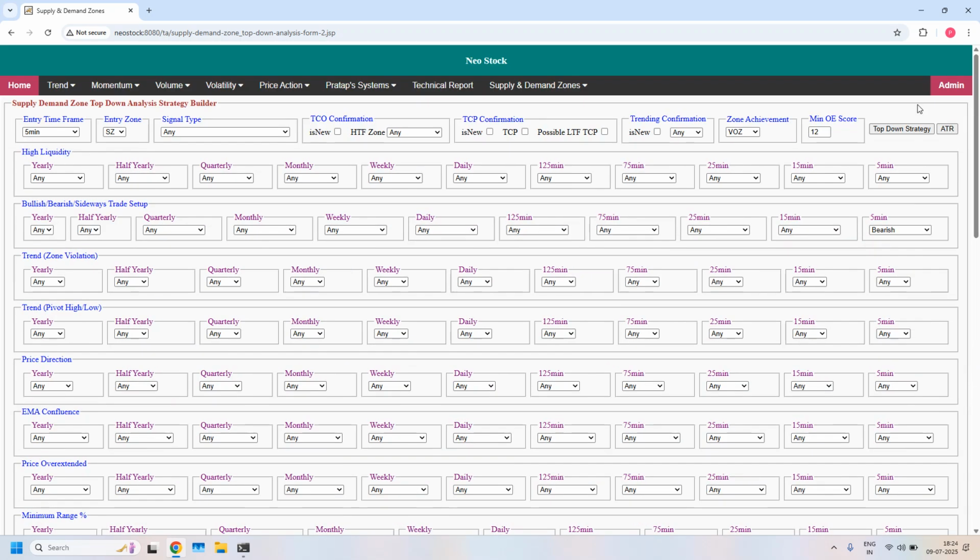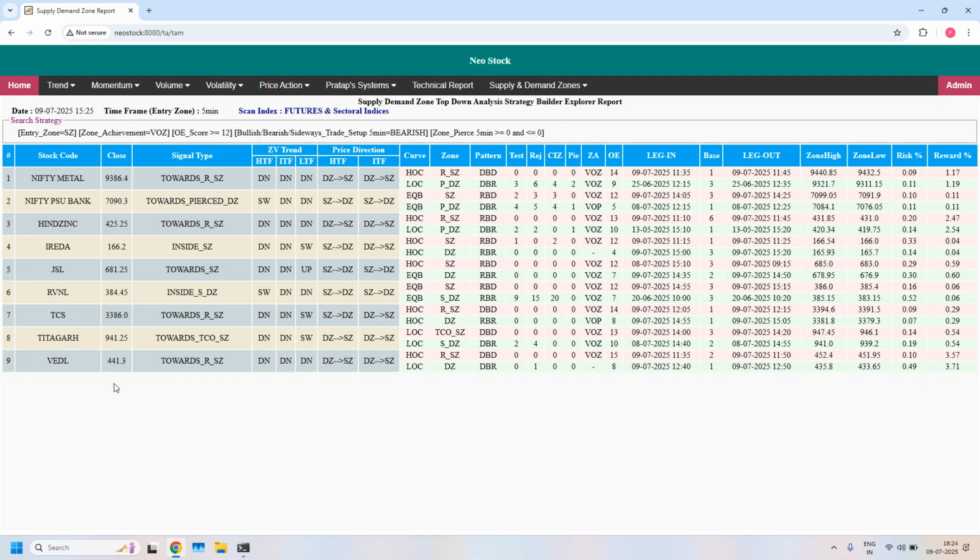With these filters, we got 9 stocks supporting bearish trade setup for hourly income trade. And entry time frame zones are 5 minutes supply zones. Okay, out of these 9 5 minute supply zones, how many are having more high probability to get success? That we will filter based on zone confluence.